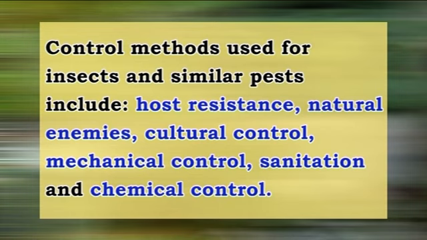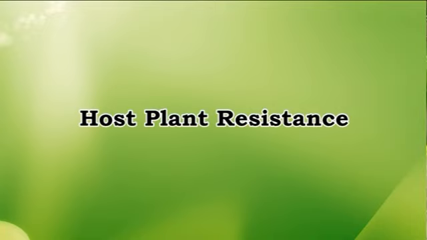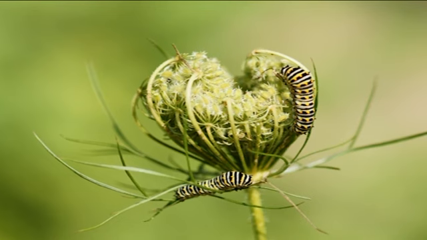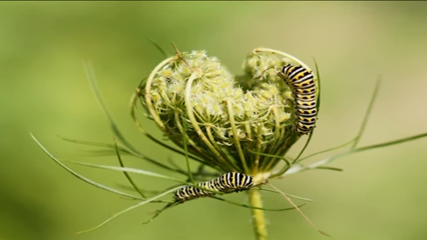Host plant resistance. Host plant resistance has generally been considered one of the components of the cultural method. But because of its importance, it deserves an independent status as a major method of protecting crops against insect damage.